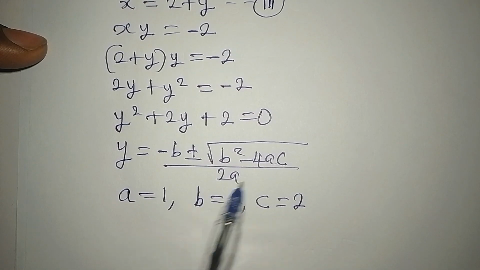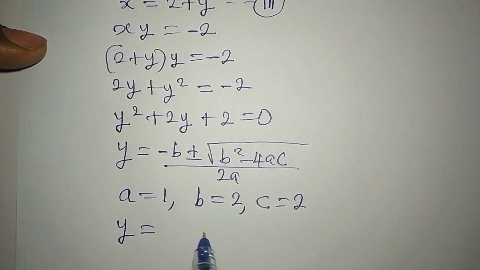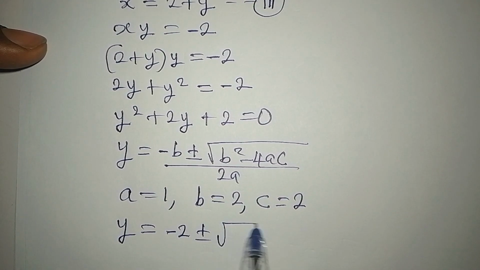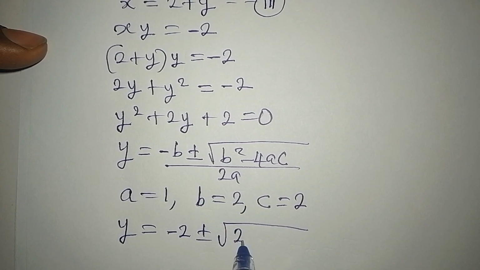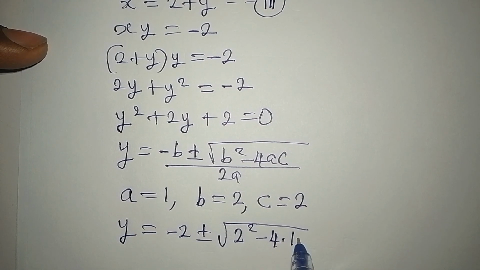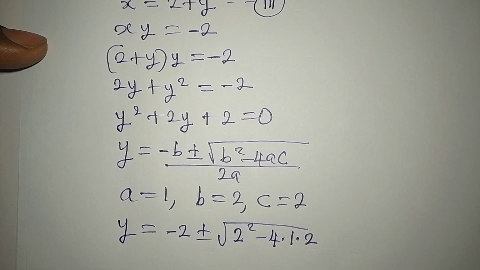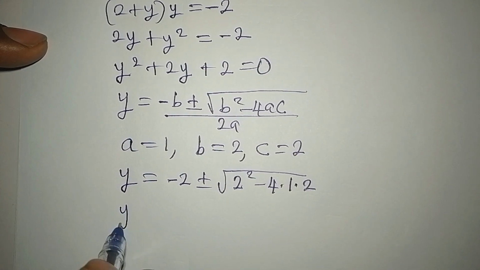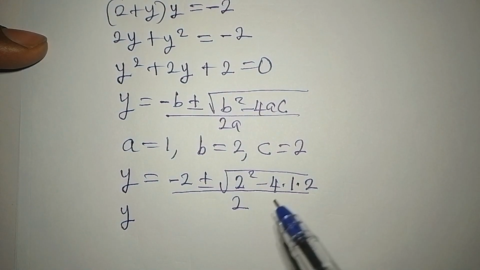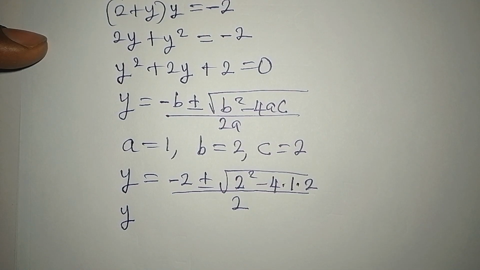Now put all of this into the formula, so that y will be equal to, in place of −b, we write −2 ± √(2² − 4 times a times c). c is 2. We divide the whole of this by 2 because a is 1, 2 times 1 is still 2.